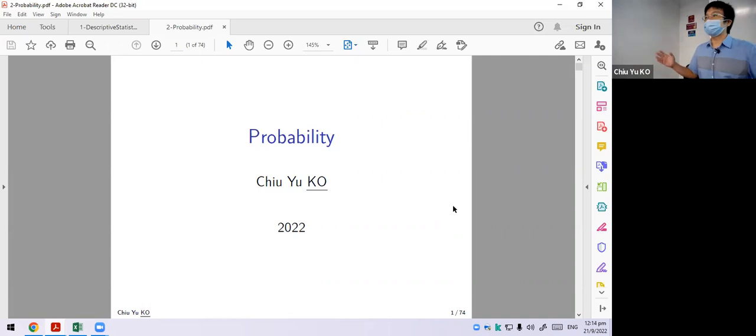The reason is the common idea that if we repeat this coin tossing activity many times, say a million times, 500,000 will be head, 500,000 will be tail. That is what we call relative frequency, the ratio. And that is the history of probability, coming from something we can repeat a lot of times.